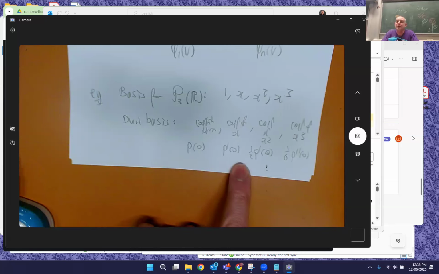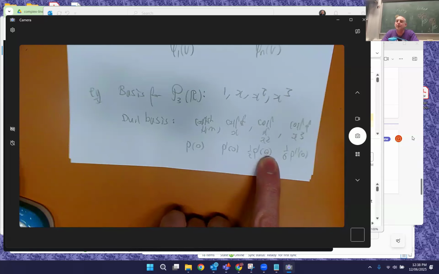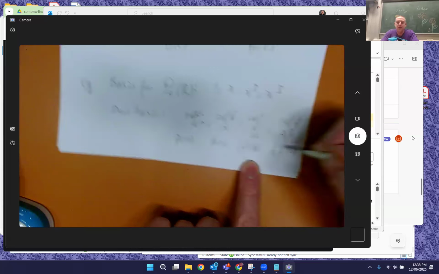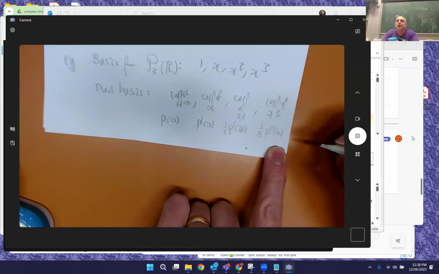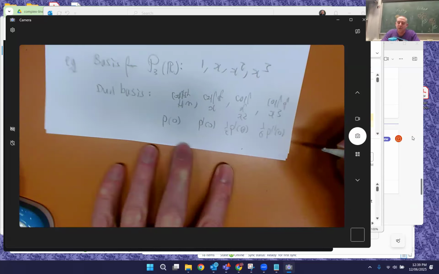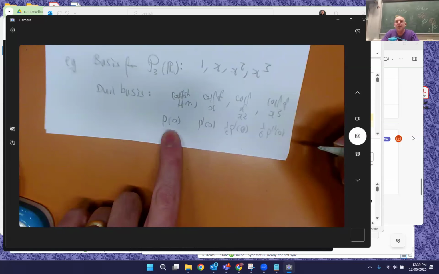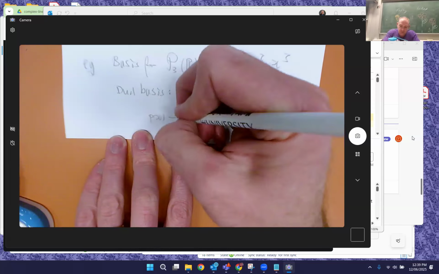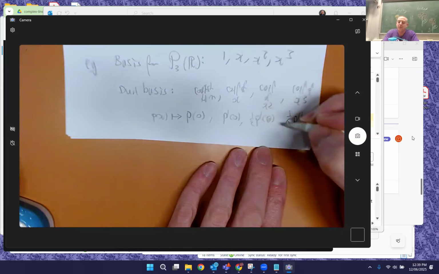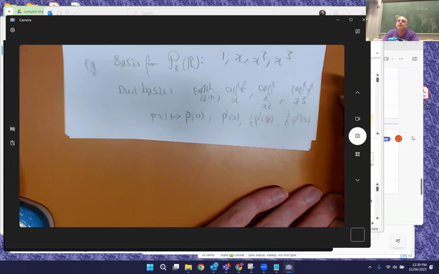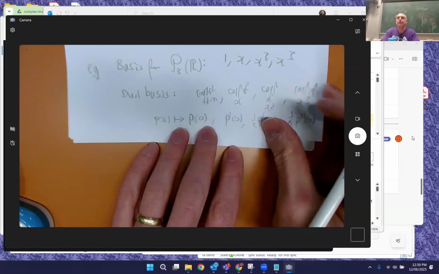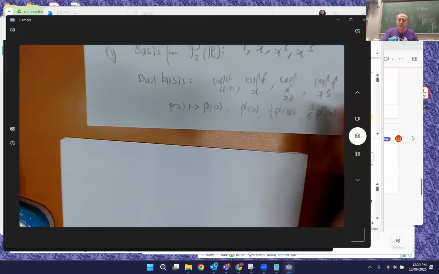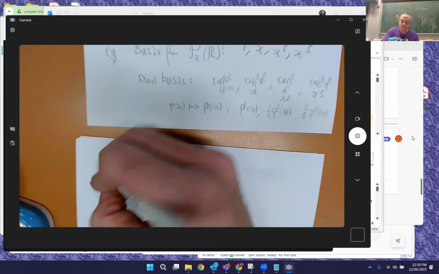That's the x coefficient, the x squared coefficient, and the x cubed coefficient in a Taylor series. So the linear functionals that take p(x) to these are the basis for the dual basis.